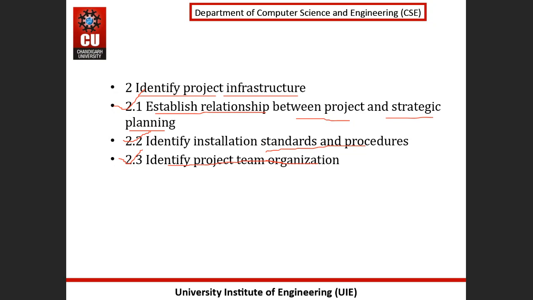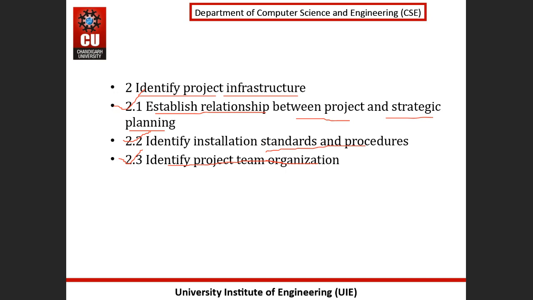Suppose we have 10 people in our team, then we will decide which person will do what kind of work. Fine. So project leaders, especially in the case of large projects, might have some control over the way that their project team is to be organized. So often though the organizational structure will be dictated to them.